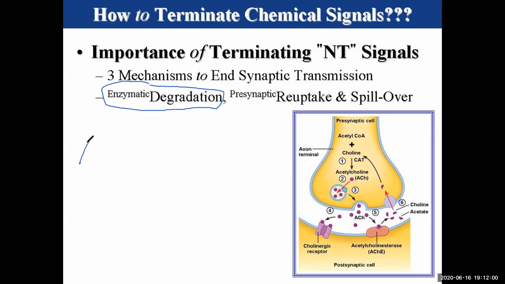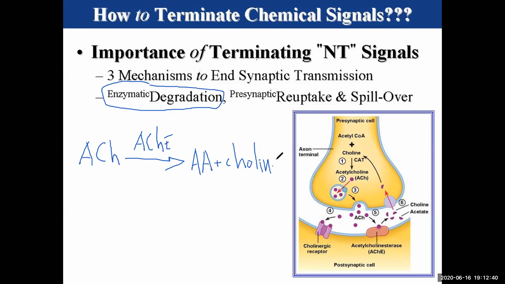For example, ACh, acetylcholine. There's an enzyme called acetylcholinesterase, and that enzyme cuts the acetylcholine into two pieces: acetic acid, plus choline.